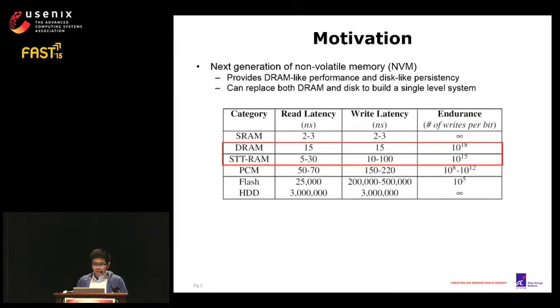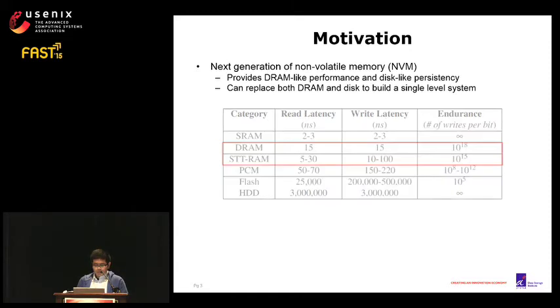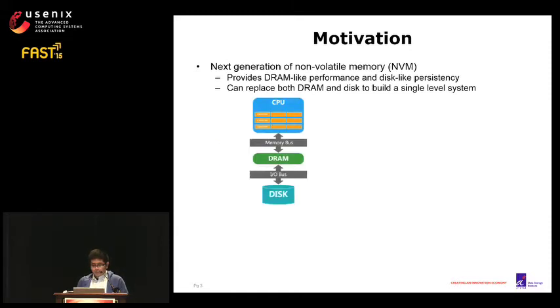The next generation of non-volatile memory provides DRAM-like performance and disk-like persistency at the same time. This gives NVM the opportunity to replace both DRAM and disk to build a single-level system. This is a traditional computer architecture. Imagine we replace the disk with NVM in the traditional computer architecture, and then we connect the NVM to the system through the memory bus in the same way as DRAM.